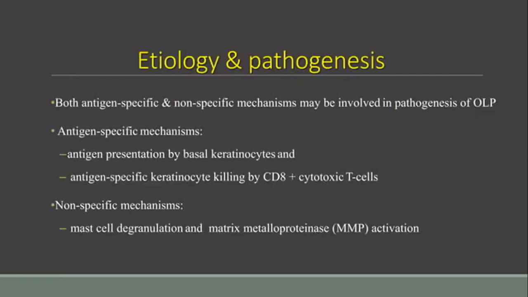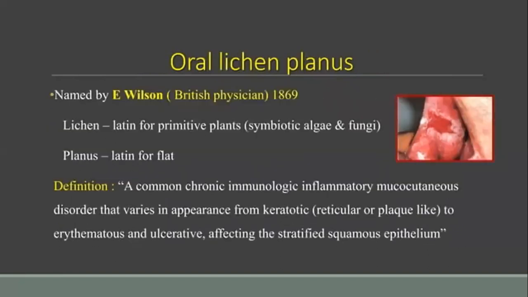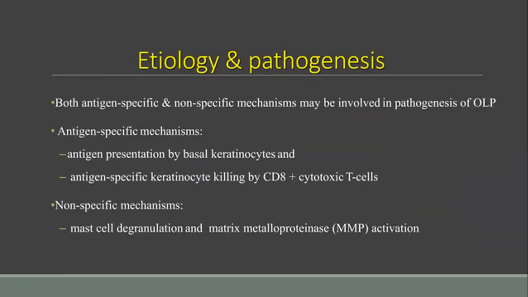Etiology and pathogenesis. Both antigen-specific and non-specific mechanisms can be involved in the pathogenesis of OLP, oral lichen planus. Antigen-specific mechanisms: antigen presentation by basal keratinocytes and keratinocyte killing by CD8 plus cytotoxic T cells.